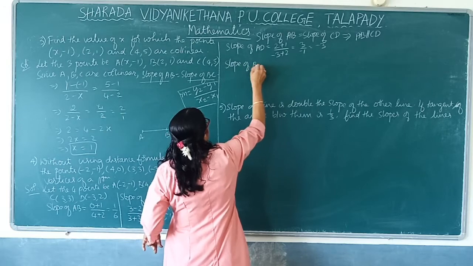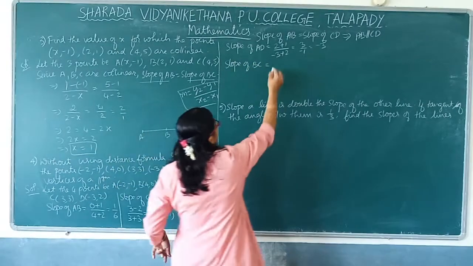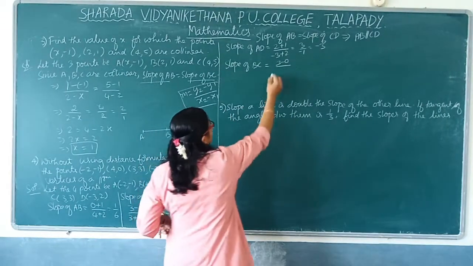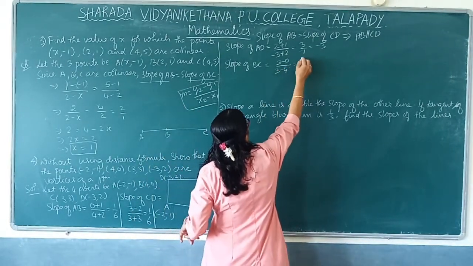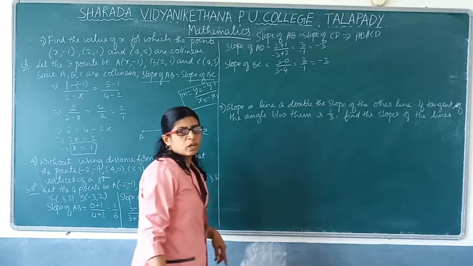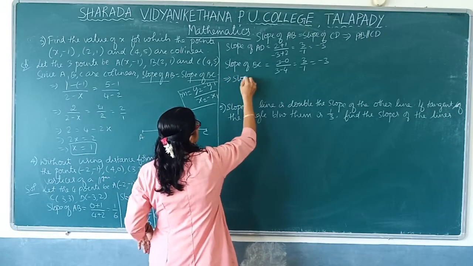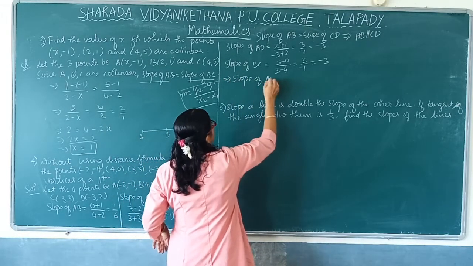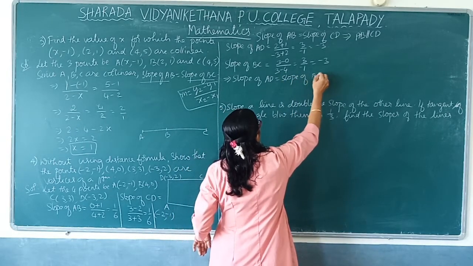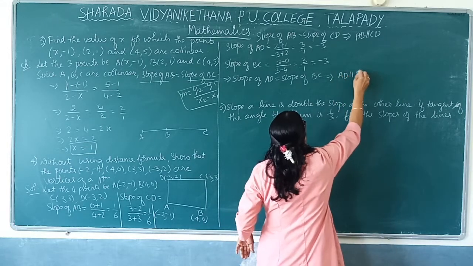Slope of BC is 3 minus 0, that is 3 only, divided by 3 minus 4, which is minus 1. Again 3 by minus 1, that is minus 3. Again you can observe that slope of AD is equal to slope of BC. Implies AD is parallel to BC.